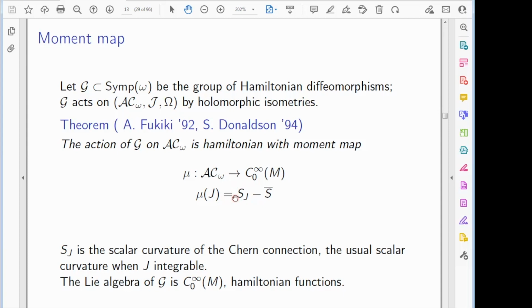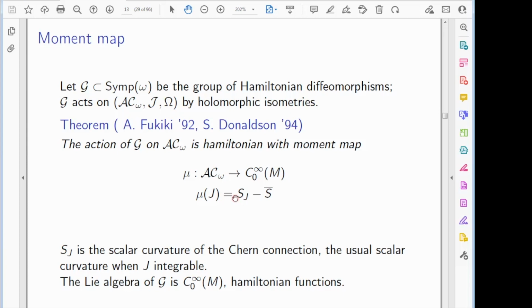In general, if J is not integrable, this is an almost Kähler structure. Then J is not parallel with respect to the Levi-Civita connection, but it is with respect to the Chern connection.